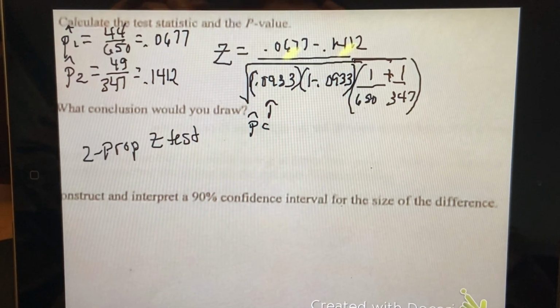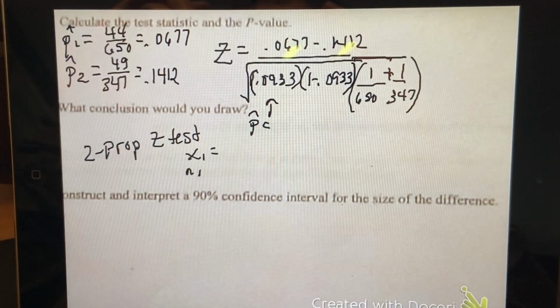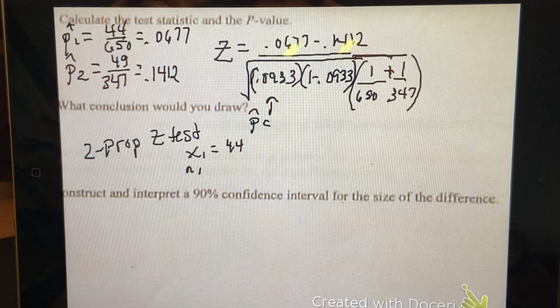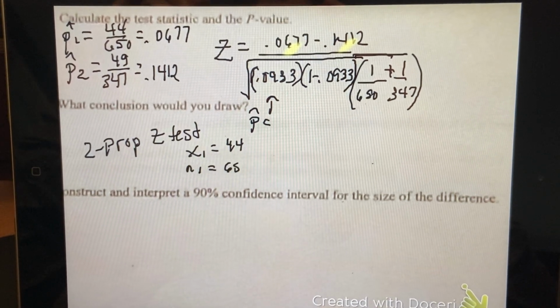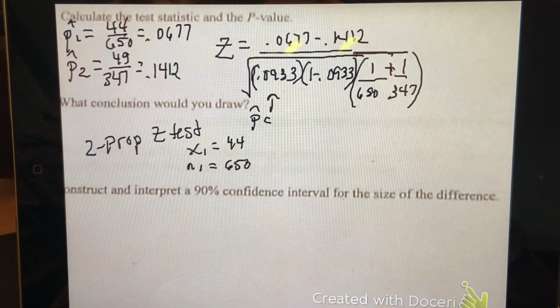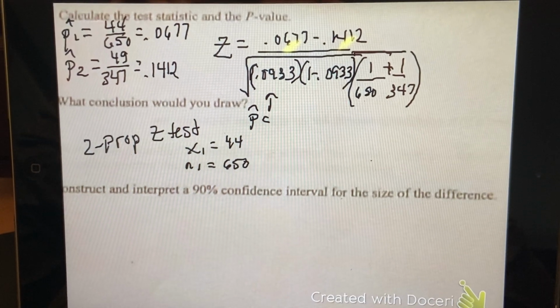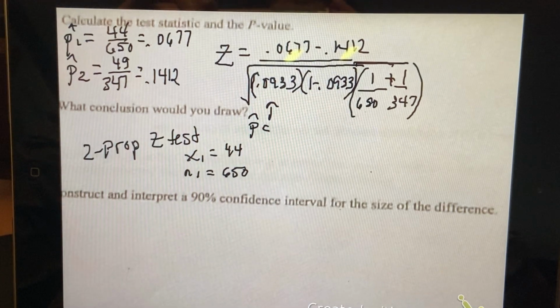And it's got x1 and then n1. Well, x1 was 44. That's how many people had adverse symptoms who took acetaminophen. And then n1 was your sample size. And so you do the same thing with x2, n2. And we're choosing the not equal to sign to help us make our decision.